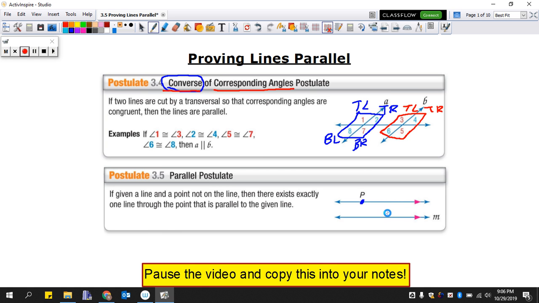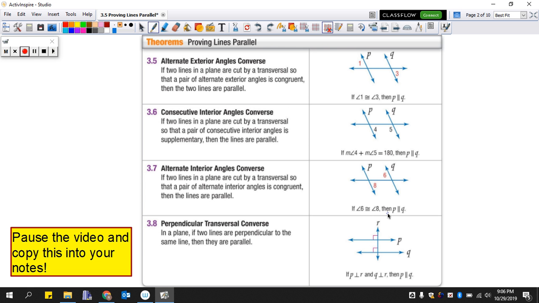All right, the next couple of converse postulates and theorems we are talking about are the alternate exterior angles converse, the alternate interior angle converse, and the perpendicular transversal converse.